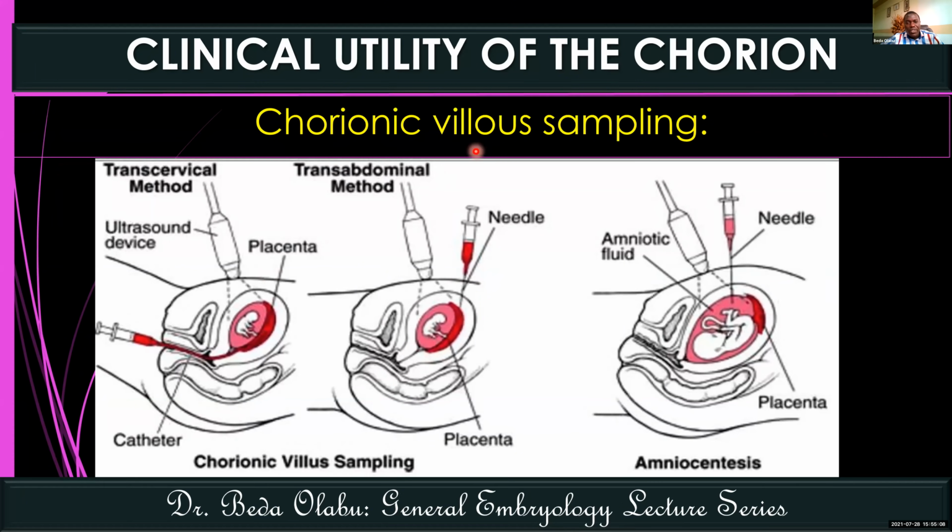Apart from diagnosis of early pregnancy, we can also utilize the chorion through what we call chorionic villus sampling. Chorionic villus sampling can be done for similar indications to those for amniocentesis. We talked about amniocentesis in the previous lecture. We agreed that it's an ultrasound-guided procedure of obtaining amniotic fluid.